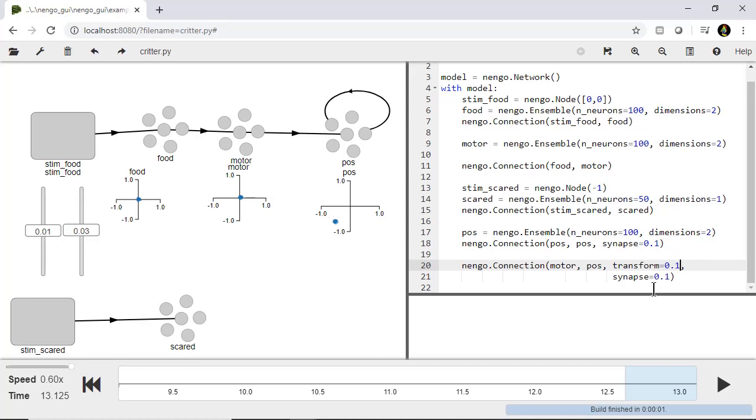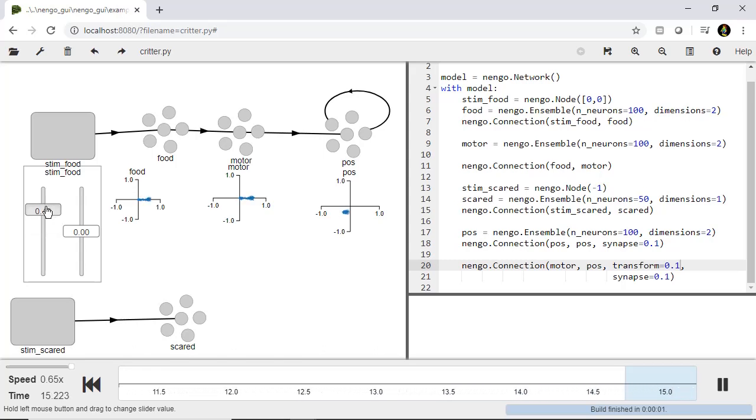So we now have a system that represents our position. There are a couple of things that we might want to improve about it before going any farther. First of all, you'll notice that even when I put in a 0, 0, it drifts a little bit. The actual position that the creature thinks it's in looks like maybe it's stable right now, but if I go up here a little bit and then say 0, it's going to drift a little bit.